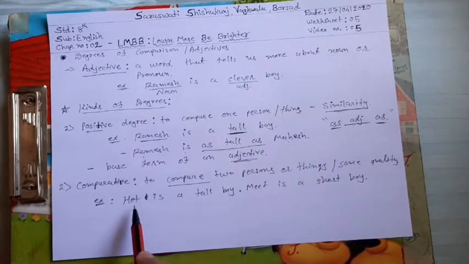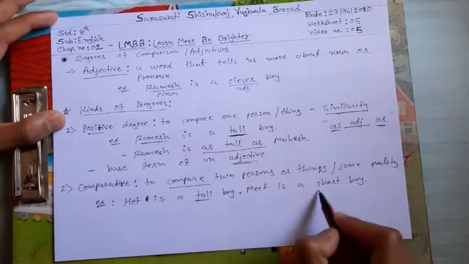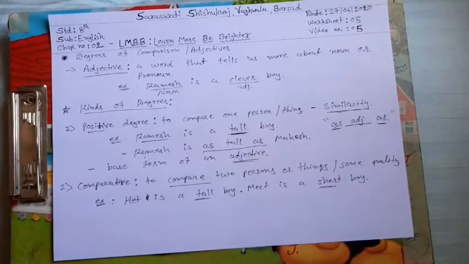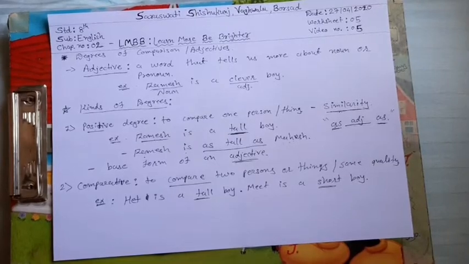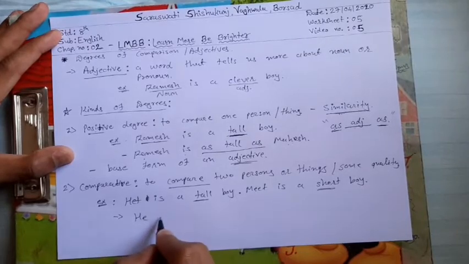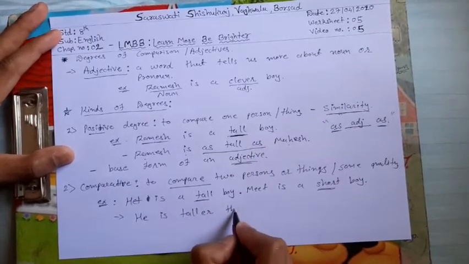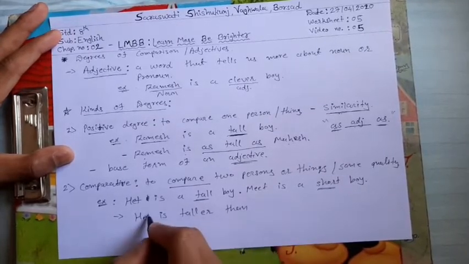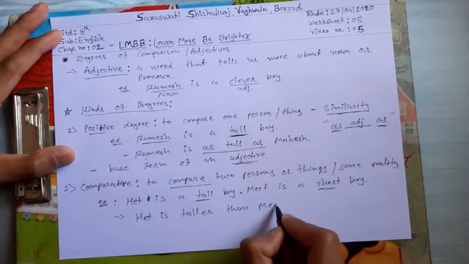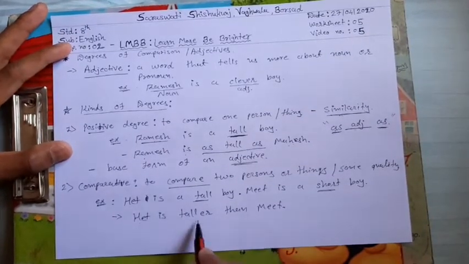We are talking about quality: one person is short and one person is tall. If we have to compare these two persons, we write the sentence this way: Heth is taller than Meet. Heth જે છે Meet કરતા કેવો છે?